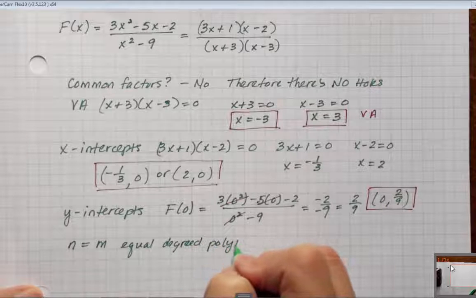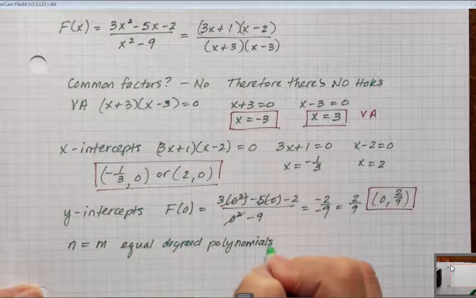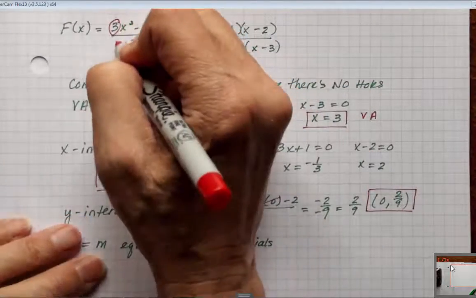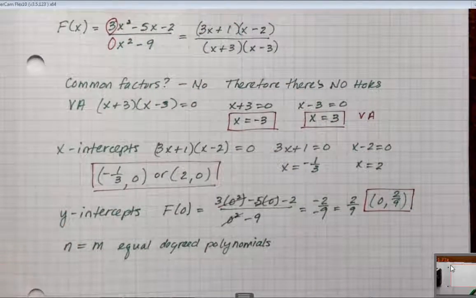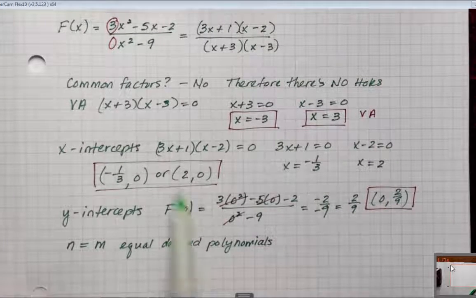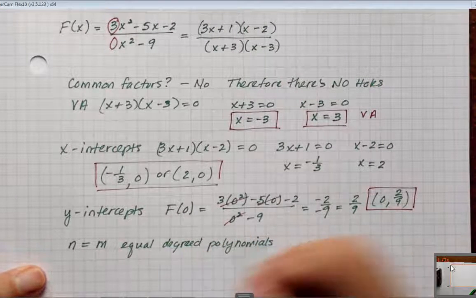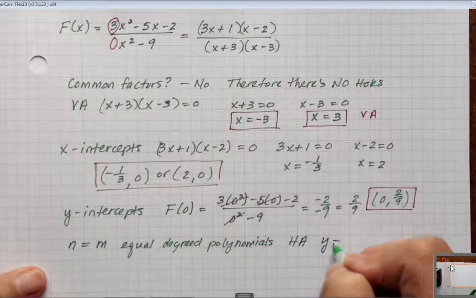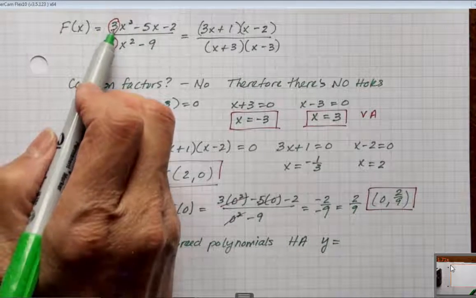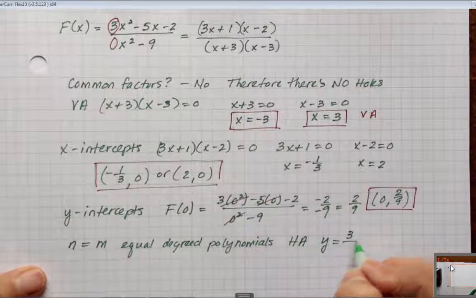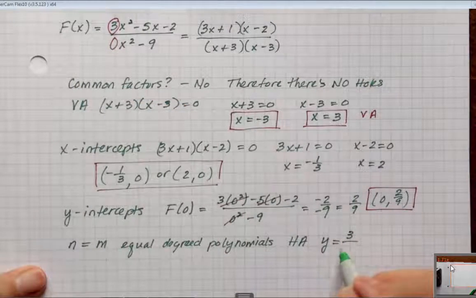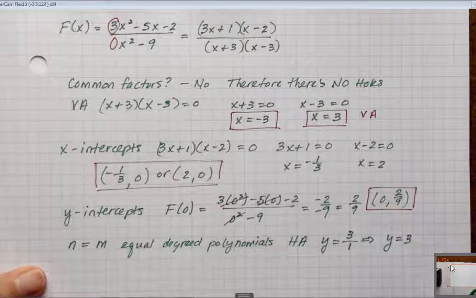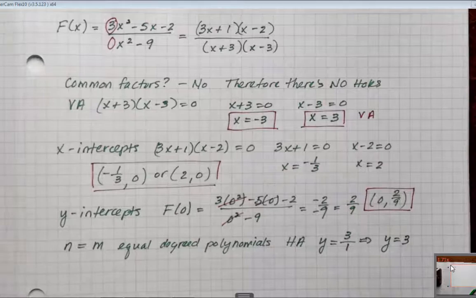When we're looking at equal degree polynomials, we just look at the coefficients of each of the highest terms. So my HA is going to be y equals the coefficient of x squared in the numerator divided by the coefficient of x squared in the denominator, simplifying to y equals 3. And that's my horizontal asymptote.